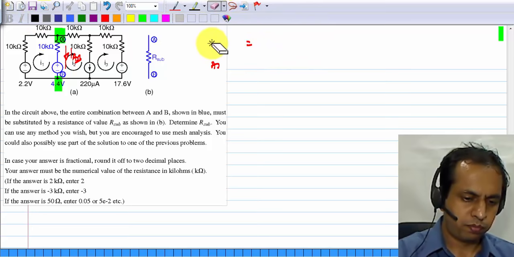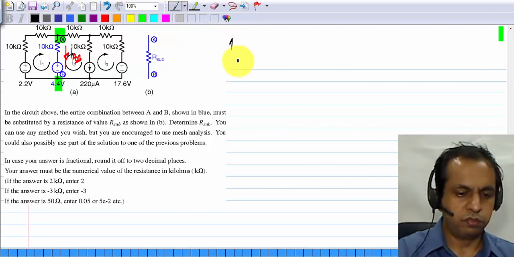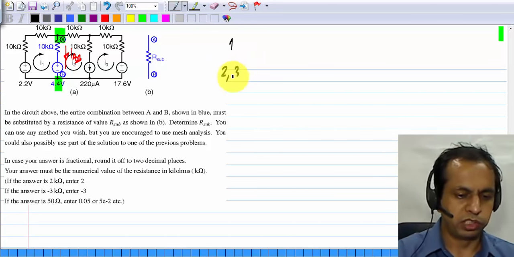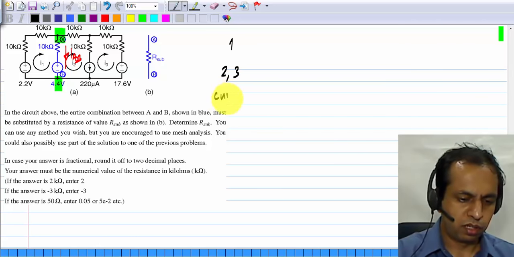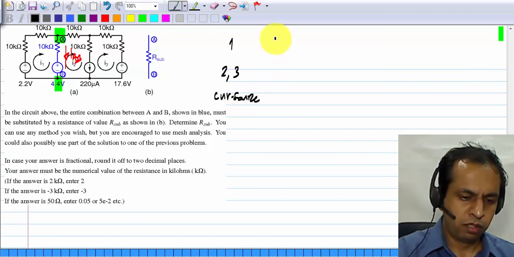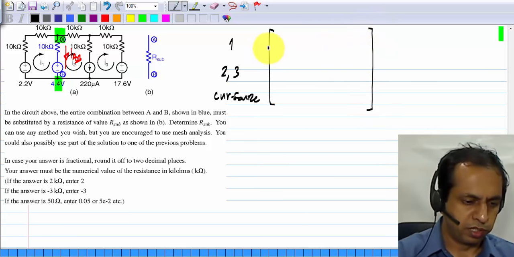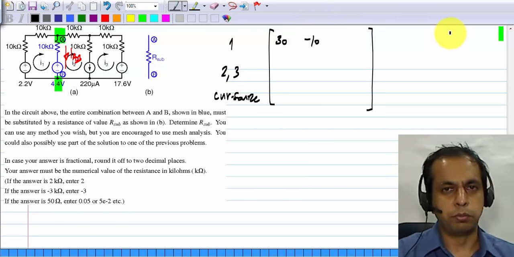So if you use the first row for the first mesh, the second row for meshes 2 and 3, and the third row for the current source, what we have in the resistance matrix is this. The first row, of course, will have 30 kilo ohms here and minus 10 kilo ohms times I2 and nothing common with I3.